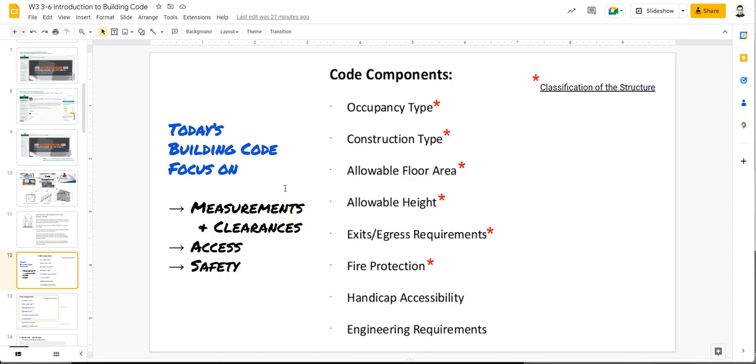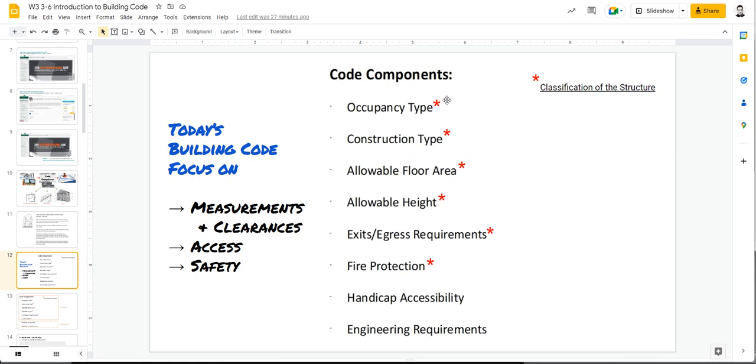There are several components of the building code. We have occupancy type, construction, allowable floor area, height, exiting, fire protection, handicap, and engineering for the architect's focus. These five components, you will have to do at the very start of the project, and they are used to classify your structure before they even look at the handicap or engineering requirements of the building.